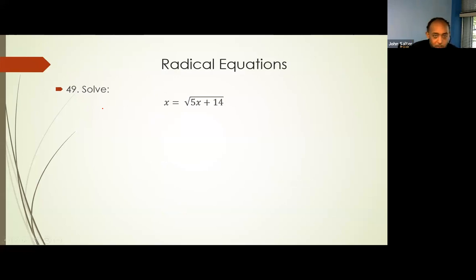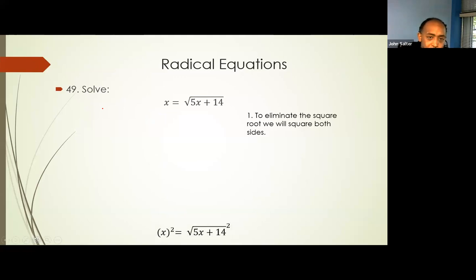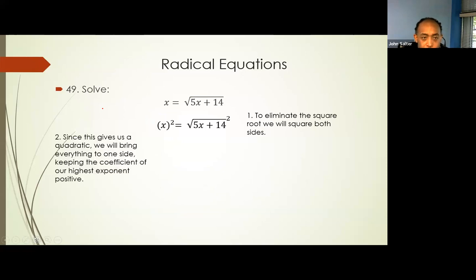Solve. I got an x on both sides, so I need to move everything so all my x's are on one side. What am I going to do for that? Well, I could square it to get rid of the radical, but what I do to one side, I have to do to the other. Now after that, I also moved everything over to the same side just to see where I'm at.